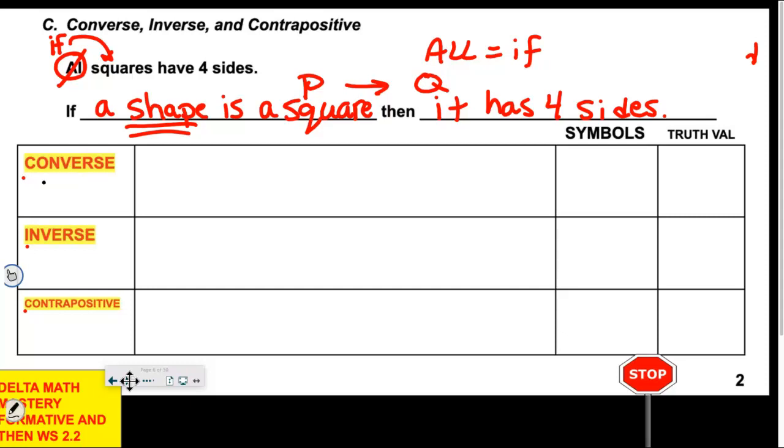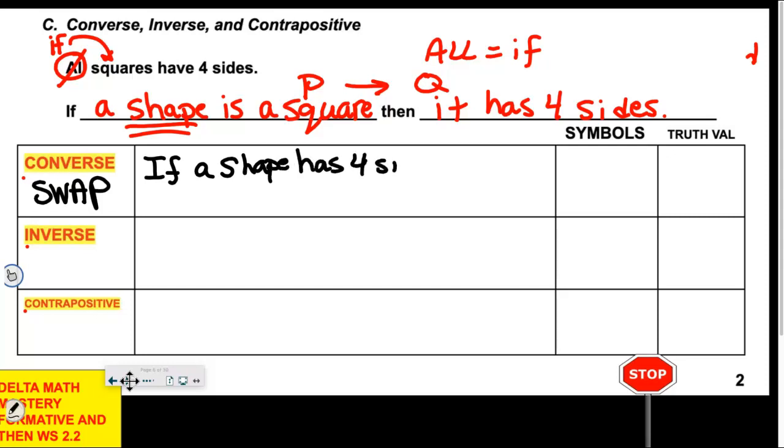So what a converse does is, I call it the swapper. If you write that on a note card, that'll help. What we do is we just swap the if with the then. We reverse the if and the then. So we would say if, and then we say a shape, but we won't say is a square, we'd say has four sides.